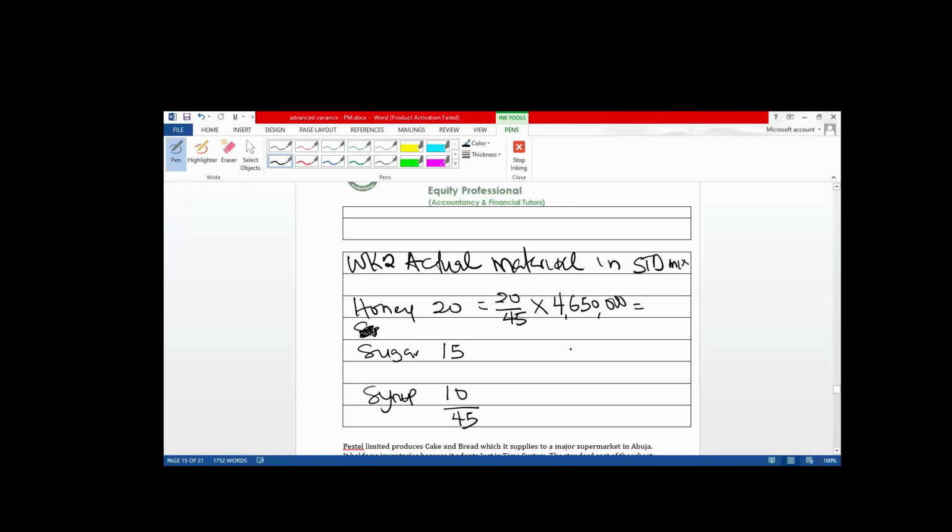This is actual material in standard needs. 15 over 45 multiplied by 4,650,000. 10 over 45 multiplied by 4,650,000. Get your actual material in standard mix.